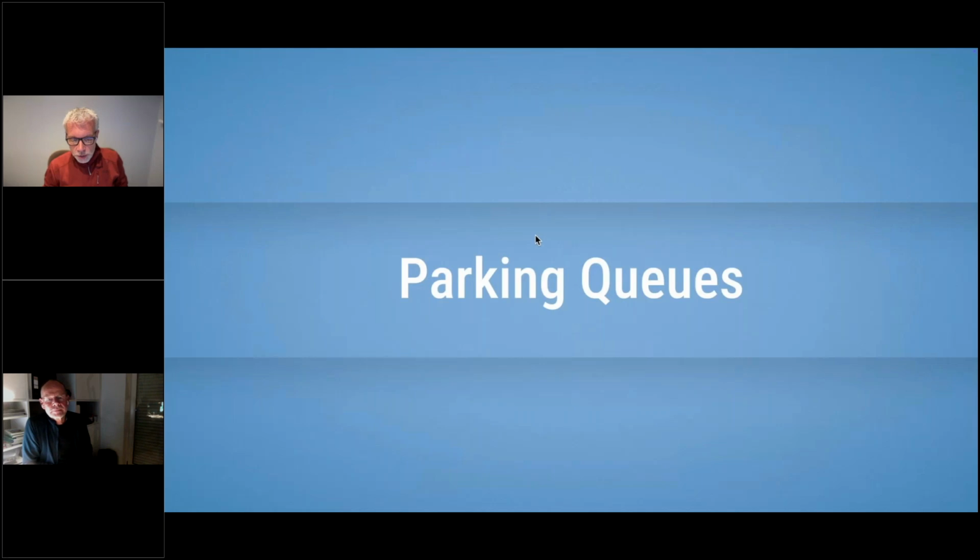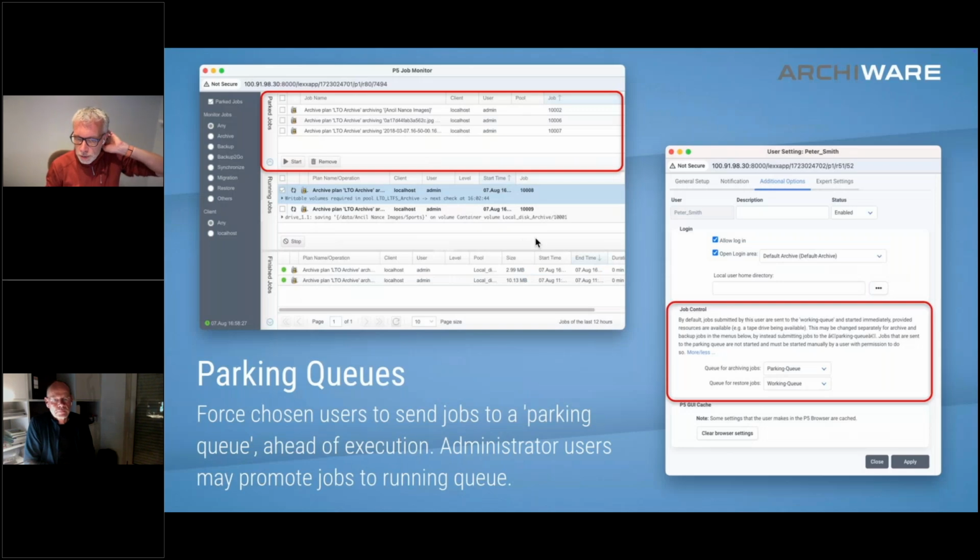So, parking queues. I'm mostly going to illustrate these new features by showing you, but I have some slides as well, which might help people that are looking at the slide deck. Parking queues allows you to better manage your resources in a busy environment where people are doing a lot of archiving. What you can do with parking queues is force users not to put their restore and their archive jobs straight into execution.